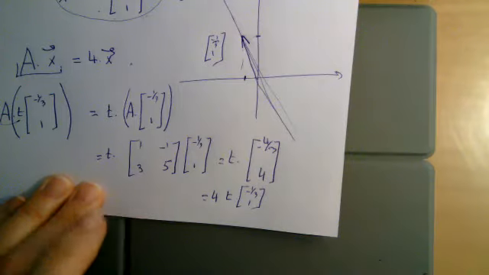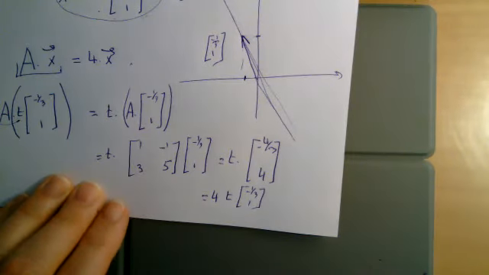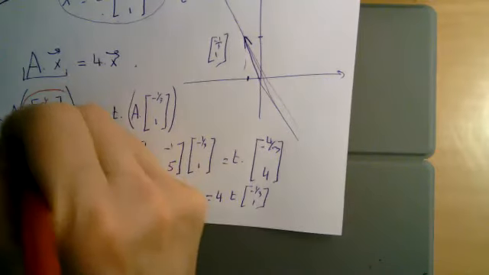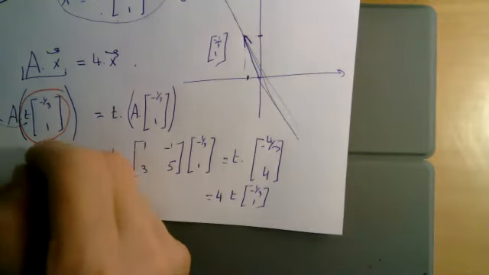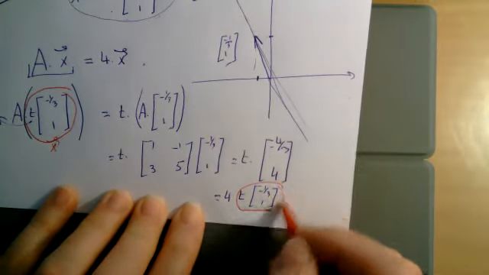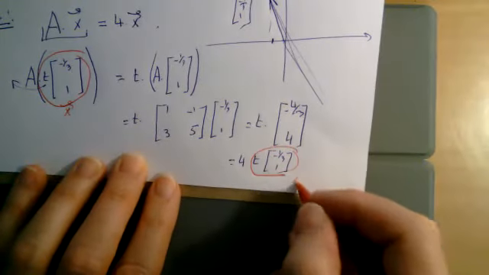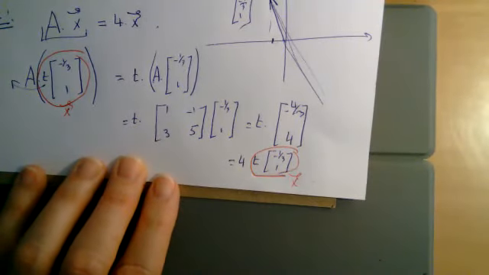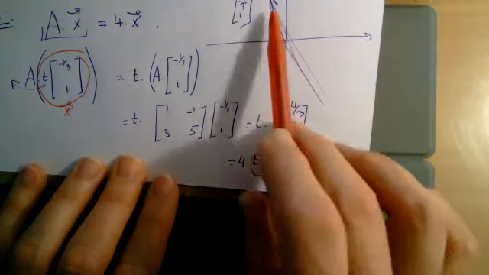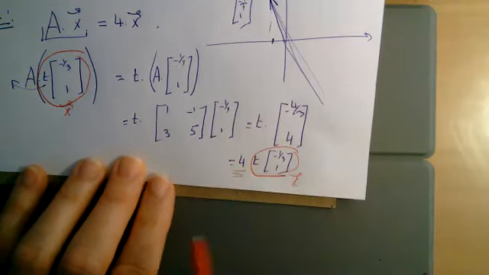So now obviously we should realize what we have. That's my vector x, my original vector, and it's equal to 4 times the same vector, t times (minus 1/3, 1), that's my vector x. So I have absolutely found all those vectors that A will stretch by 4.